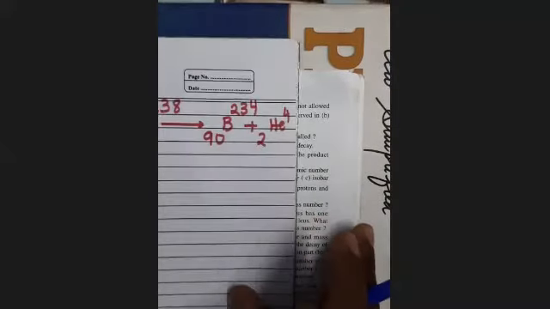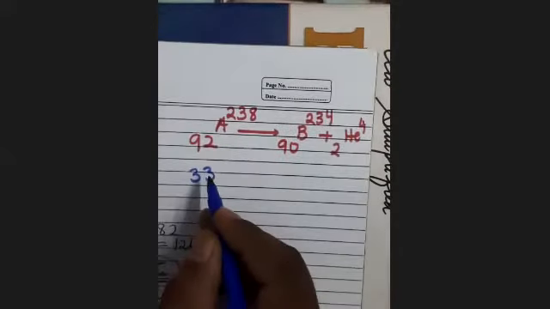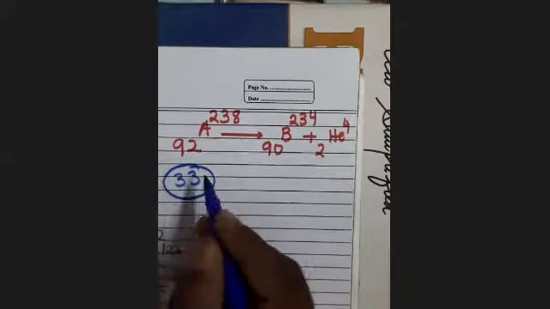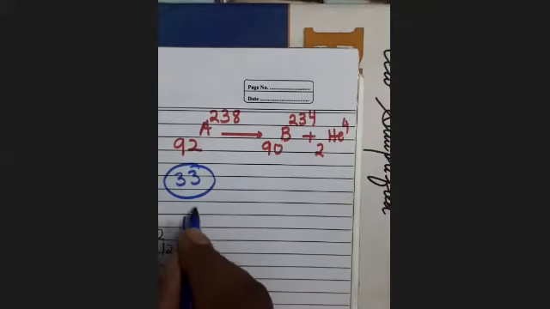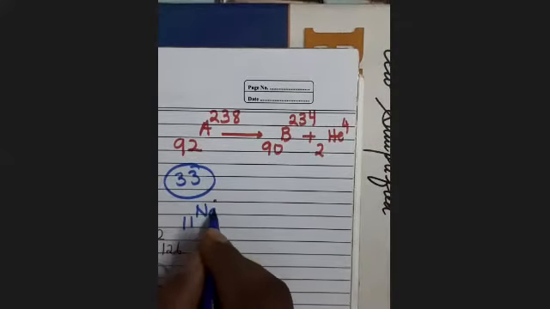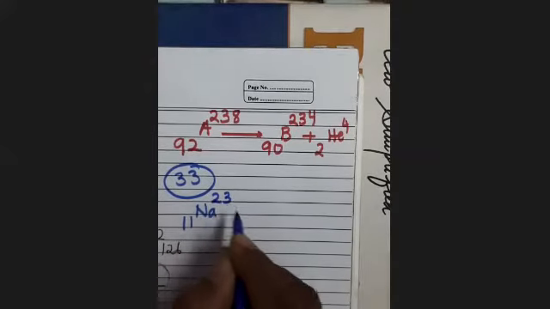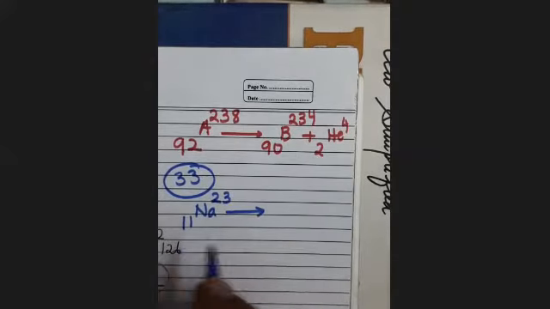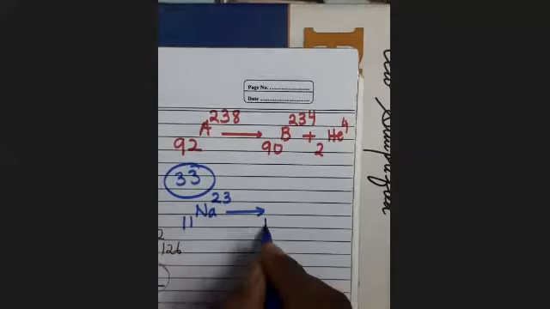So see here, question number 33. 11Na24. When it will emit beta particle, atomic number increases by 1.